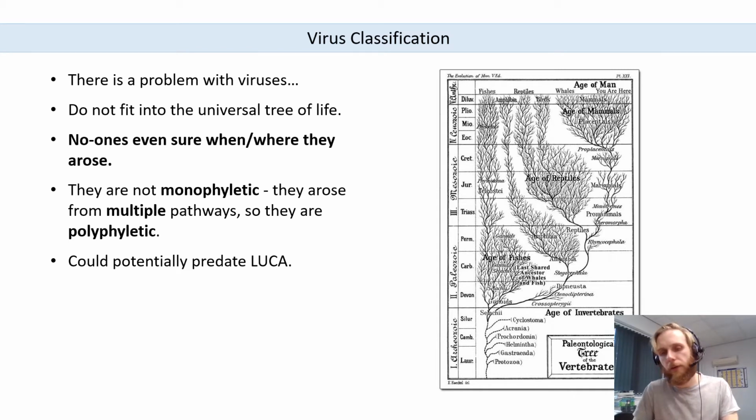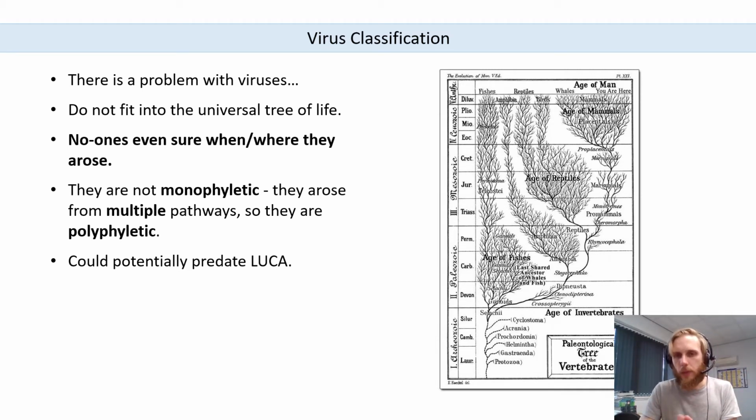And it's actually further complicated by the fact that even when we arrange viruses into these separate trees, most viruses don't fit onto those trees. So most viruses don't even appear to be related to these 7 separate trees, 7 or 9 depending on the literature you look at, at least 7. So it's difficult enough that we can't fit viruses on the tree of life.